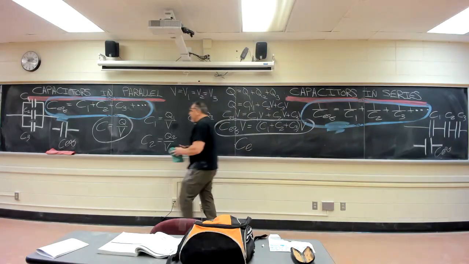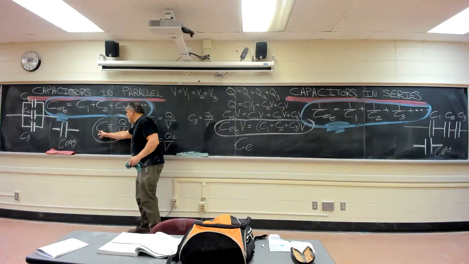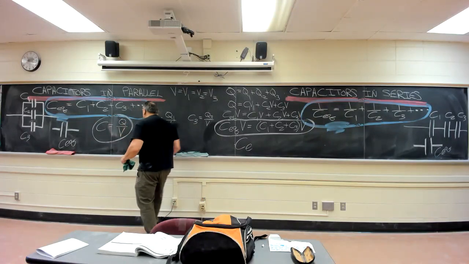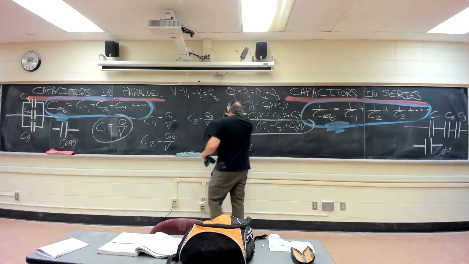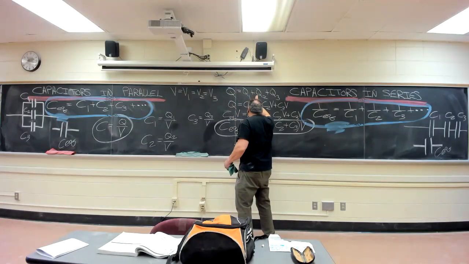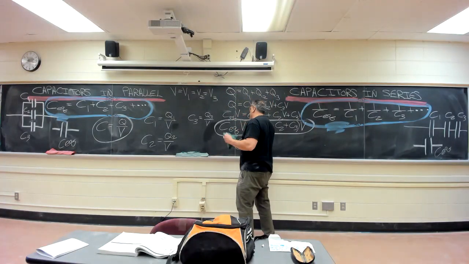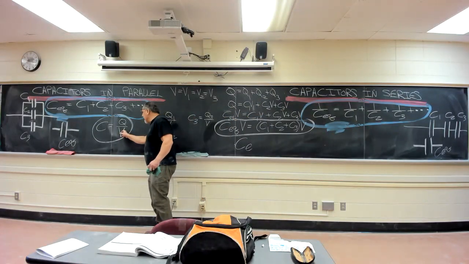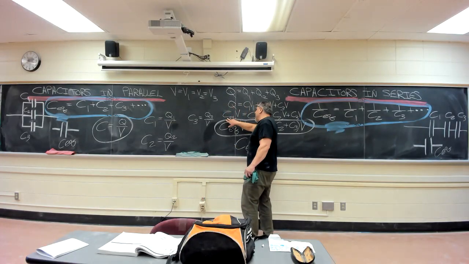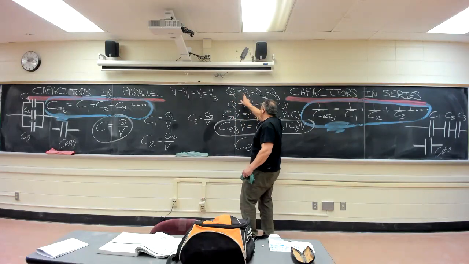See, we said that C has this relationship to Q and V. Multiply by V on each side, you get the Q. Well, there is some equivalent Q, some imaginary Q, if you will. There's a real Q composed of the sum of these and some sort of conceptual C such that if you multiply by V on each side, Q equals CV. Well, there's got to be some equivalent C_eq times V. The mathematics will give me that Q. The Q is the sum of all these.